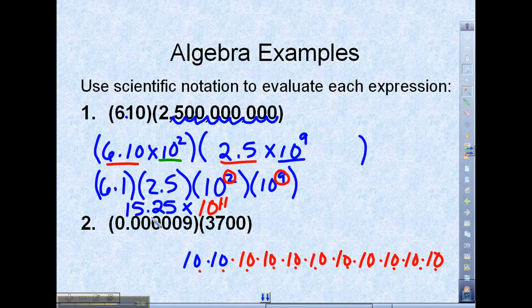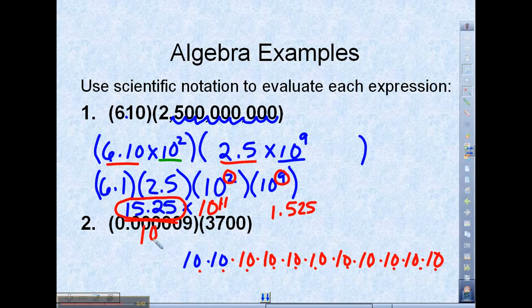Now, we're not in scientific notation yet because we said the factor out front has to be between what and what? Yeah, it has to be between 1 and 10. So, if I take this number right here and move the decimal point to right here, essentially what I did was I divided that number by 10.